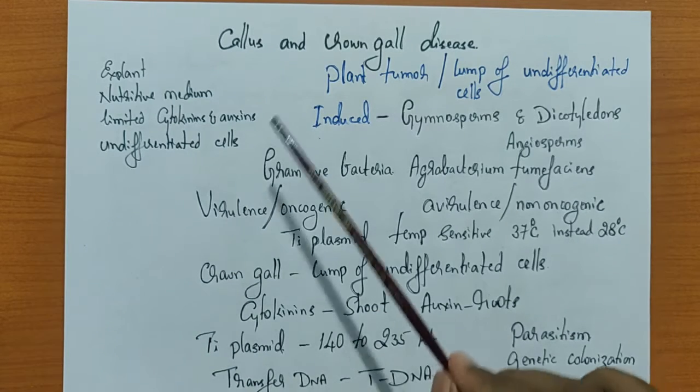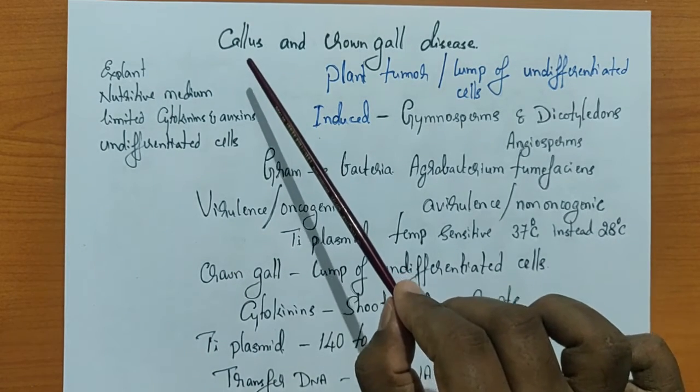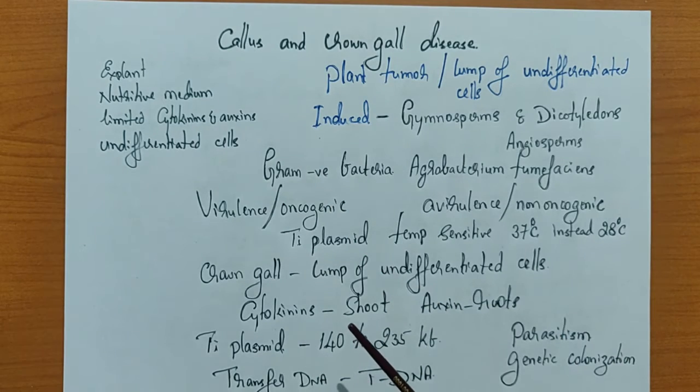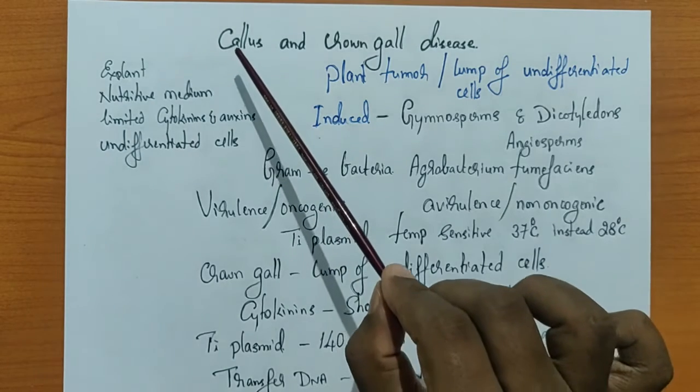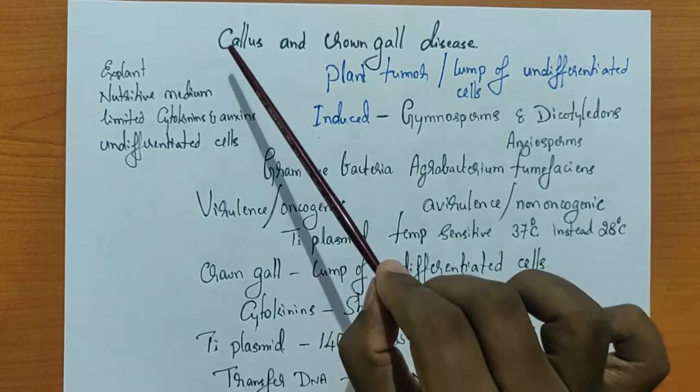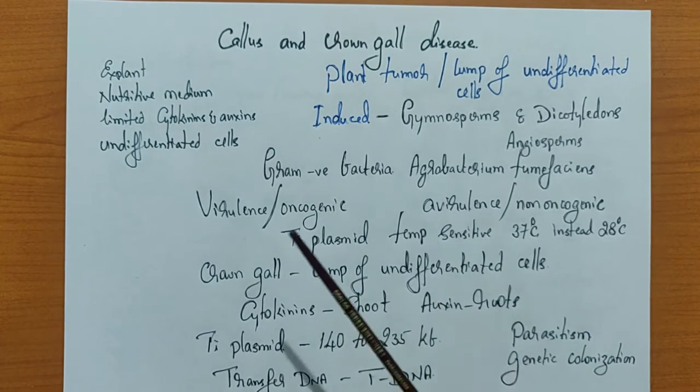All right. Now we will just discuss recombinant DNA technology, where a specific gene of our choice is introduced. We cannot do that in the case of a callus, because callus does not contain any plasmid.